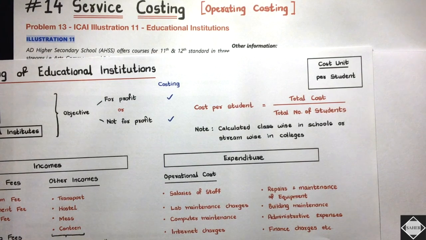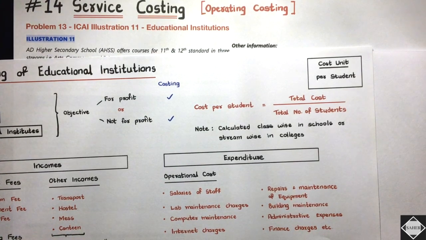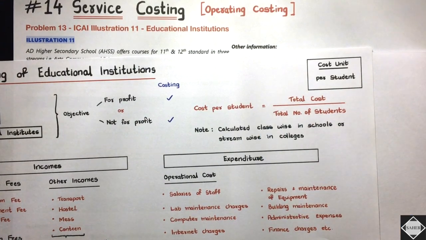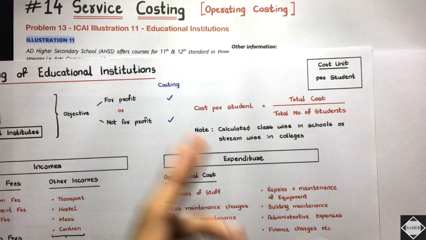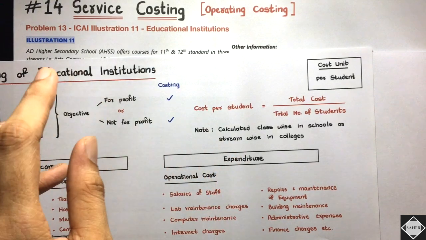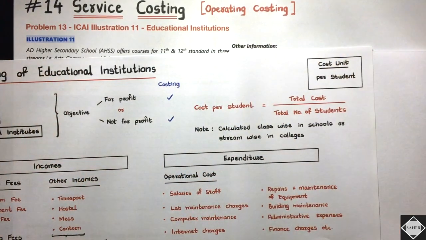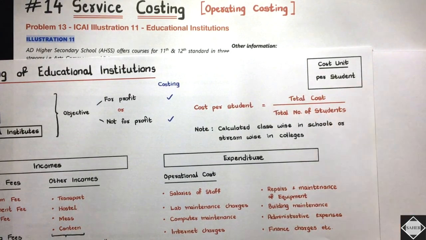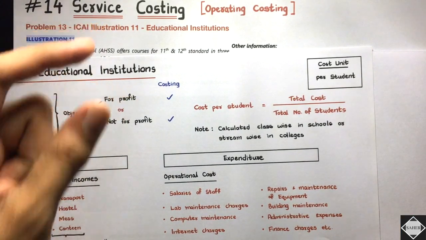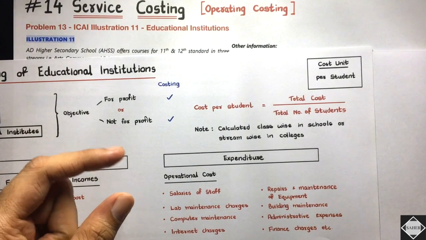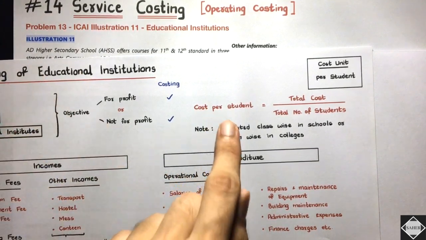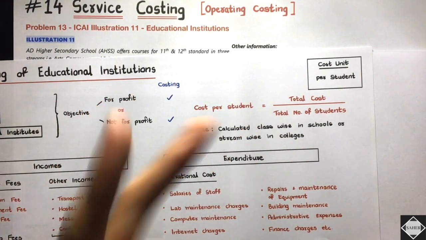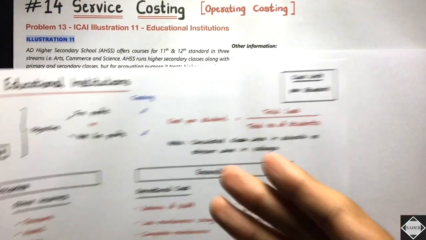But in the education sector, we calculate class wise or department wise or stream wise. So here we have to calculate stream wise: science separately, arts separately, commerce separately. You need total cost of arts department divided by total arts students. Then only you will get cost per arts student. The same thing you have to do with commerce as well as science. Is that clear? But now what is happening in this question?